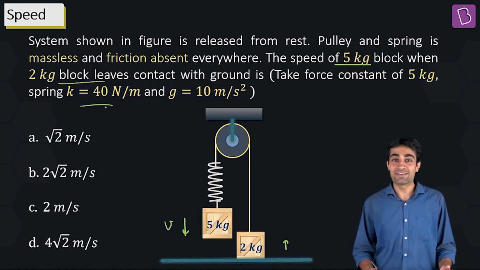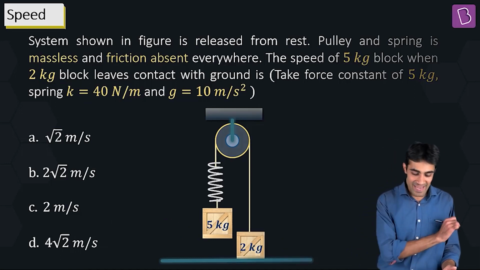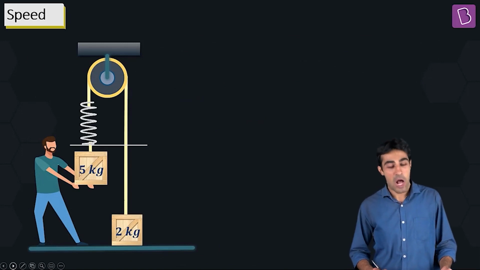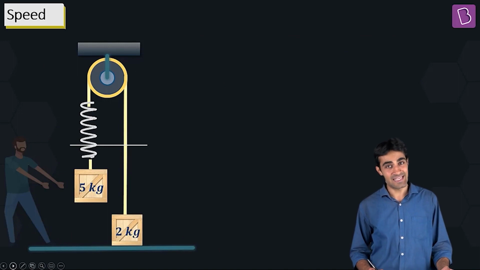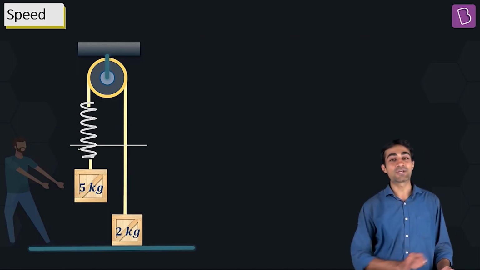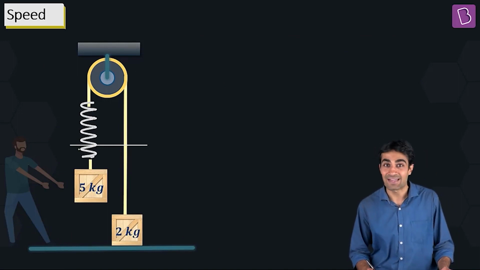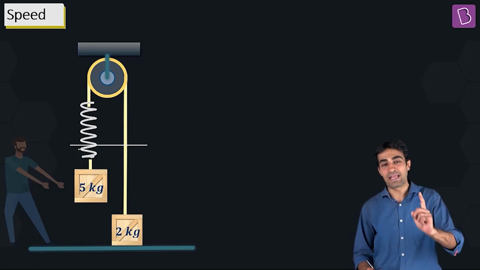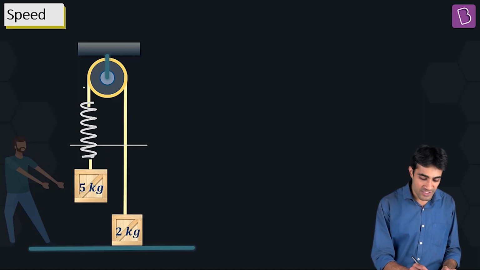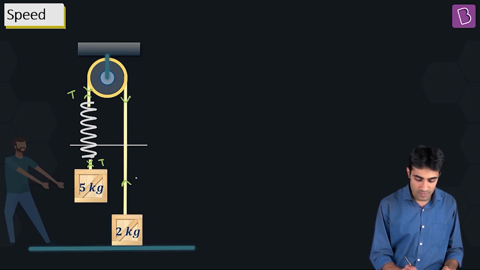Now, let me again re-say the question. Here we are holding the 5 kg block and we actually release this block. Now you can see there will be some extension in the spring, right? Right. And this extension in the spring causes some tension to be developed in the rope. So there is some tension developed in the rope.